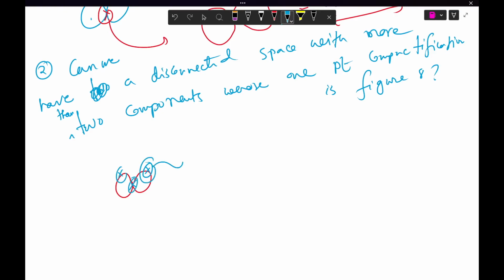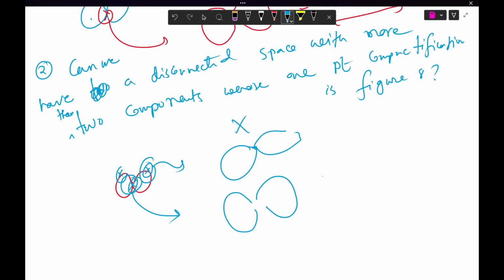But if we remove one point from here, this gives a space like this, which is connected. So this will not work. If you remove one point from the middle, then the resultant space will look like this, which is disconnected, but it has only two components. But the question says that the resultant space will have more than two components. So this example will not work. If you remove this point, then obviously it will not work.